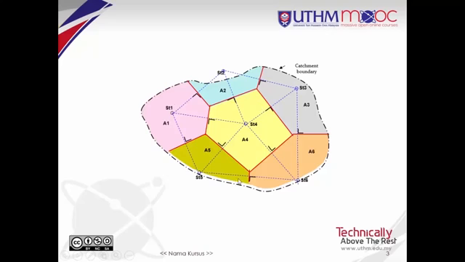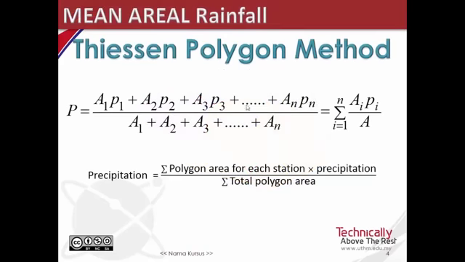So there are 1, 2, 3, 4, 5, and 6 polygons. And then the area of each polygon is determined. So the average precipitation equals the summation of polygon area for each station, multiplied by the precipitation, divided by the summation of total polygon area.